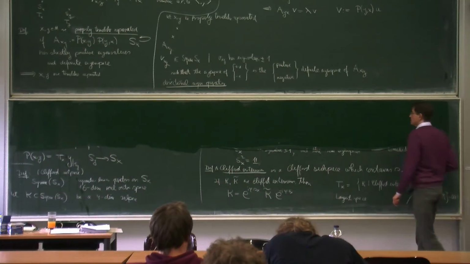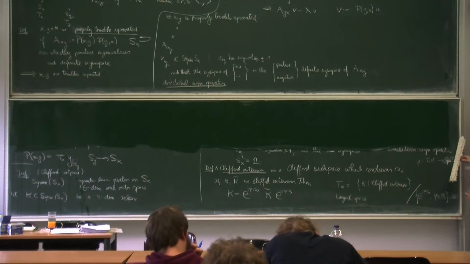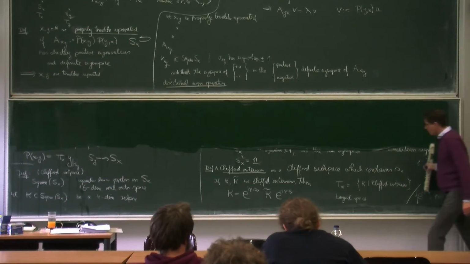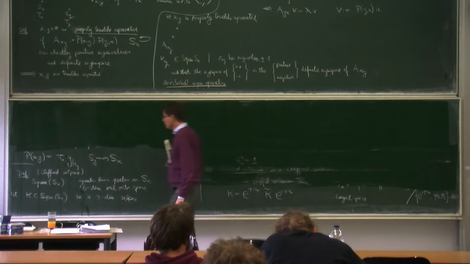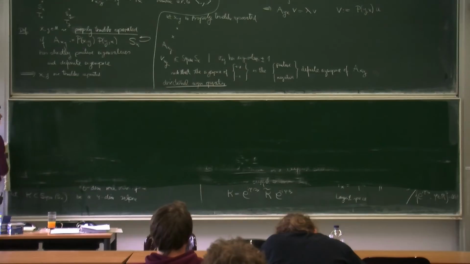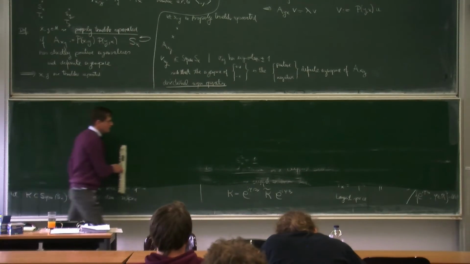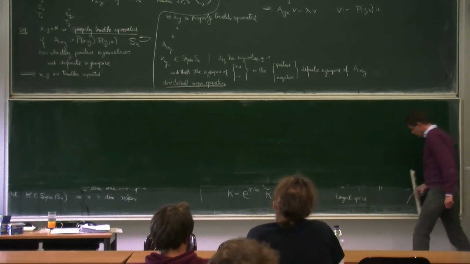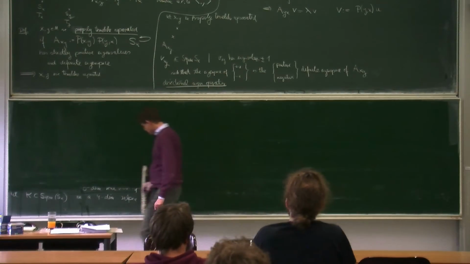Okay, and first of all, maybe the naive idea would be, well, I just try to find a Clifford subspace which contains both sign operators. But in fact, this does not work because we don't know that the anti-commutator of S_x and V_xy is a multiple of the identity matrix. So this will not be the case in general.